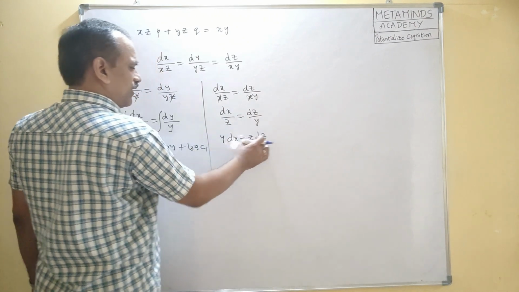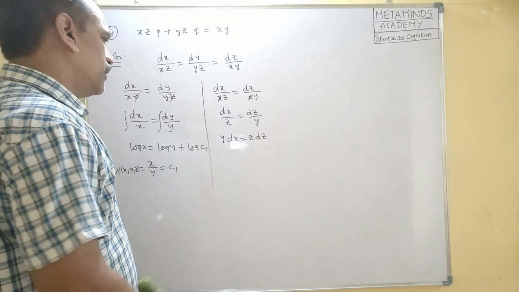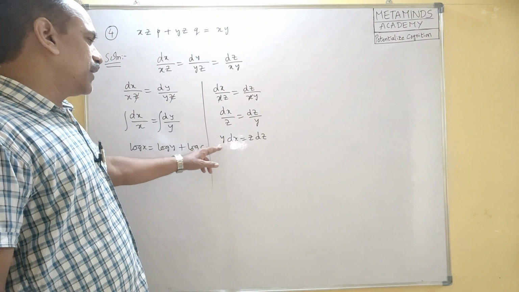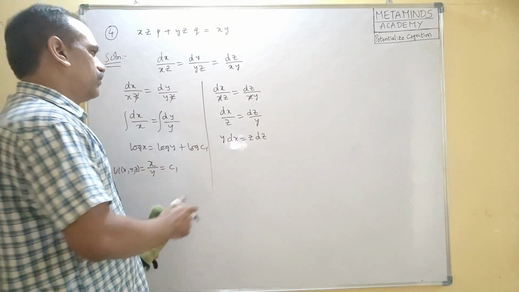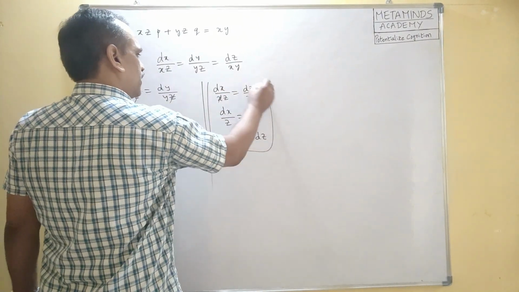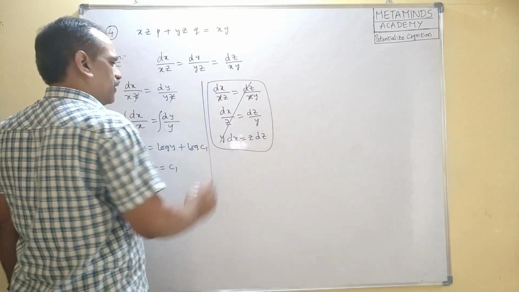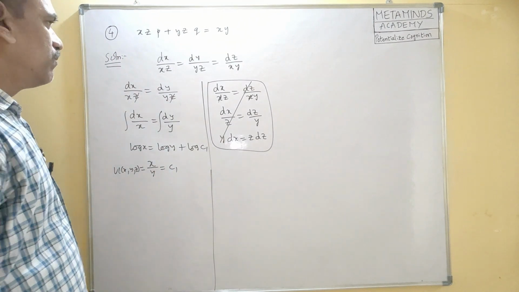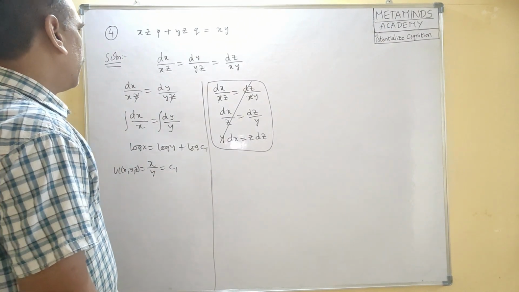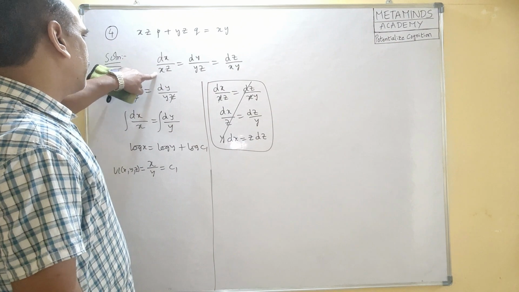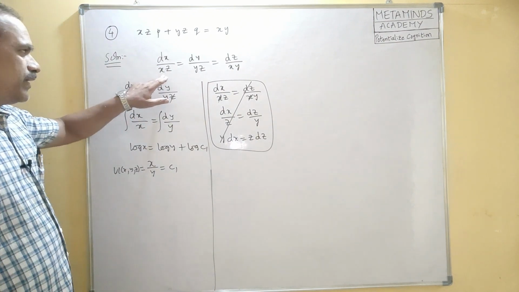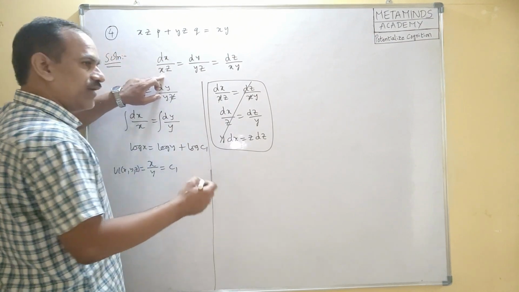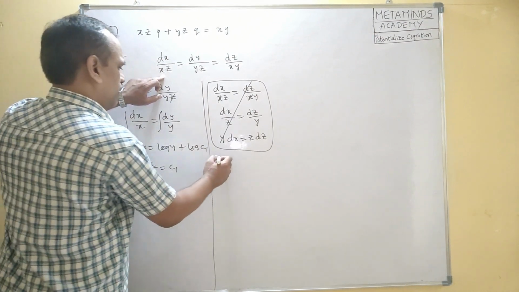You have z beside dz, but there is y beside dx. Here we cannot integrate, right? So this way of solving the problem is not correct. In that case, we have to think of other possibilities, like you multiply numerator and denominator by y. See, in the denominator y is missing. So that means we are going for Lagrange's multipliers.